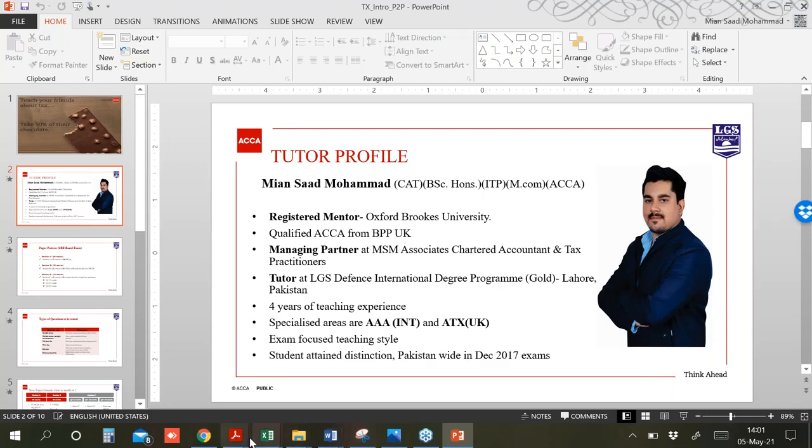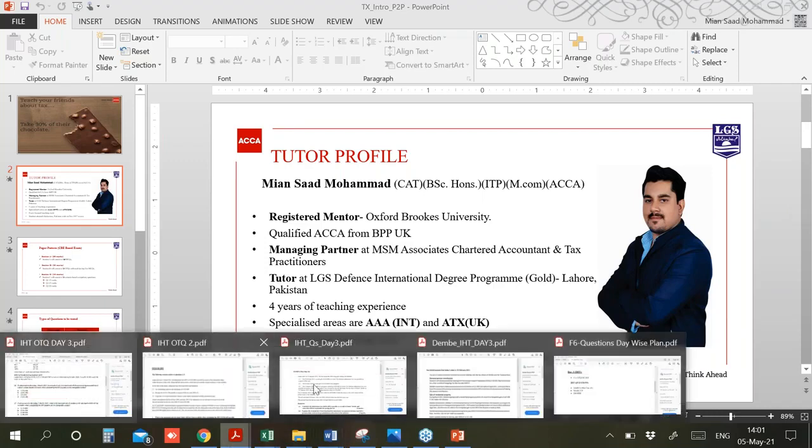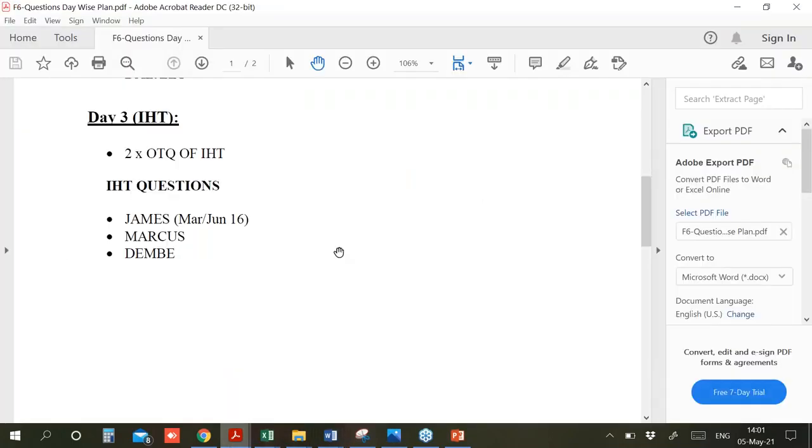Now, the topic that I have selected for today is inheritance tax. We'll be doing two OTQs because normally there's one OTQ that gets tested from inheritance tax out of the three. OTQ, you know that there will be 5 MCQs with one paragraph, and the answer of those 5 MCQs can be found in that paragraph.